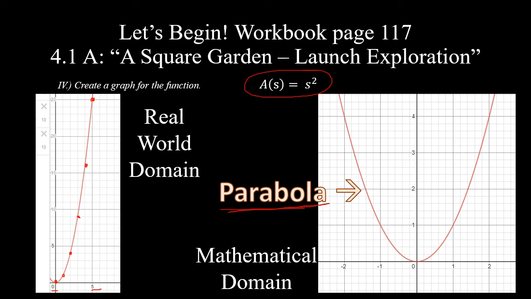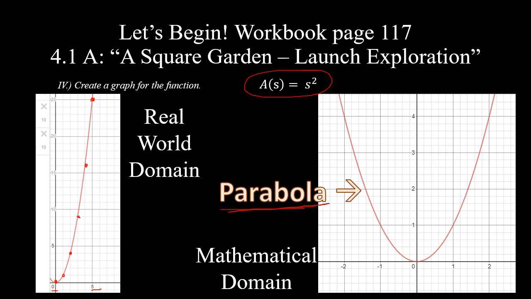It can be shaped like this, a U. It could also be flipped and shaped like an A. But you're going to start to see this parabolic shape for a quadratic function. That's important to know. We talked a lot about x-intercepts when we were talking about linear and exponential functions. Our linear function could have one x-intercept, where our graph hits the x-axis.